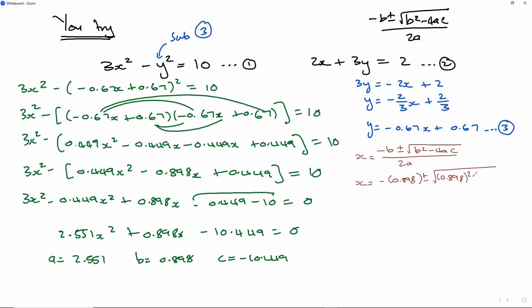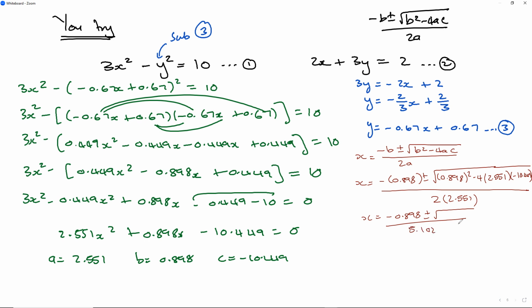0.898 squared minus 4 times 2.551 times c, which is negative 10.449, divided by 2 times 2.551. That's negative 0.898. And now I'm going to attempt to get this into a single square root, multiplying the bottom by 2. 2.551 multiplied by 2 comes to 5.102.